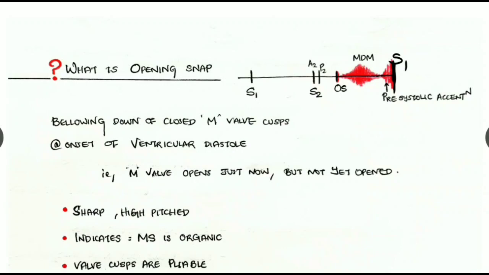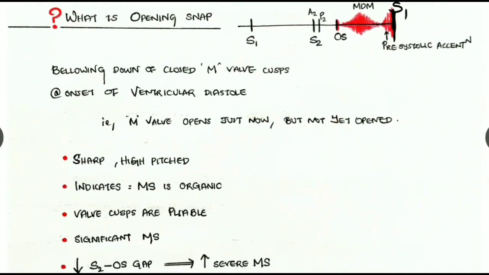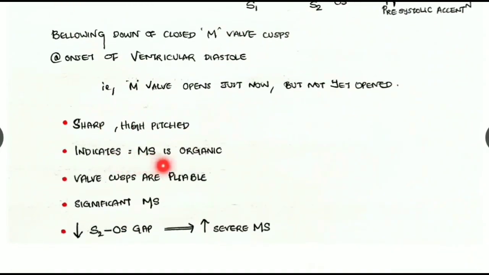So initially, while trying to push it open, we hear a loud sound, crack. So that sound is the opening snap. It is a sharp, high-pitched sound which indicates the mitral stenosis is organic. That is, if there is an opening snap, then it means that the lesion is at the mitral valve and it is of the organic type.